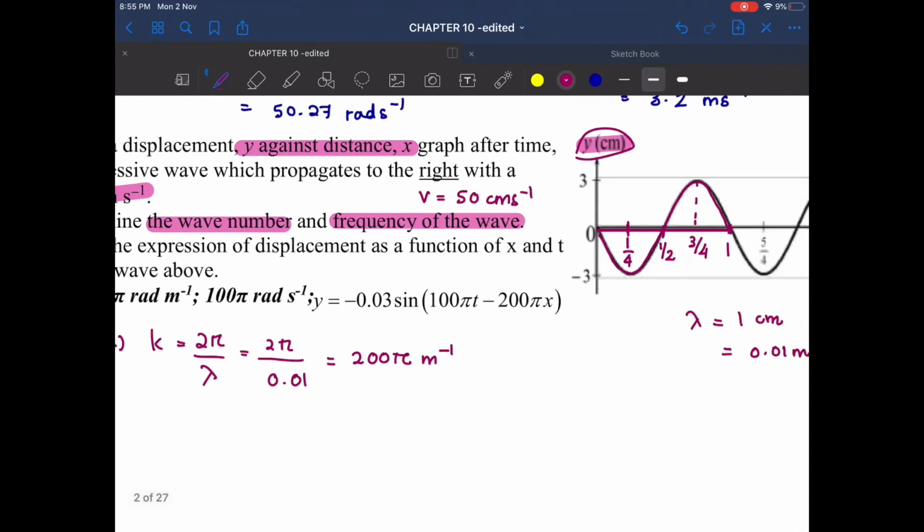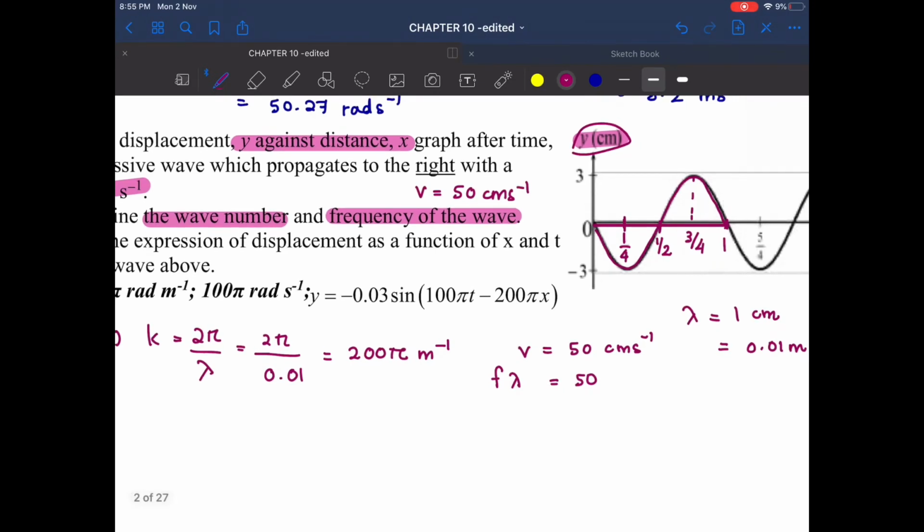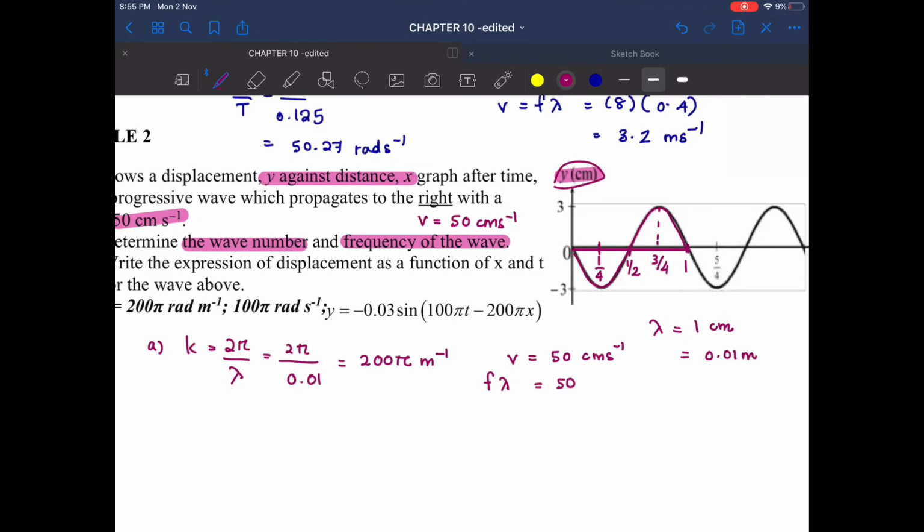So we know that v is equals to 50 centimeter s negative 1, and v equals f lambda sama dengan 50. Dia dalam centimeter, lambda sebelum ni sama dengan 1 cm. So our frequency is actually 50 Hz.